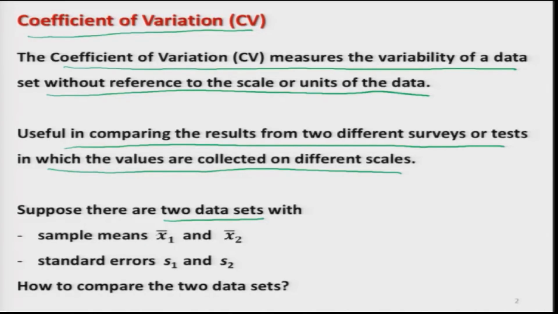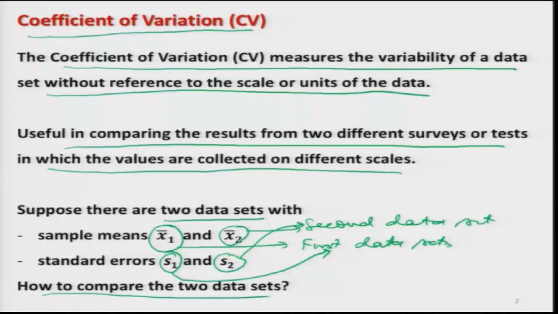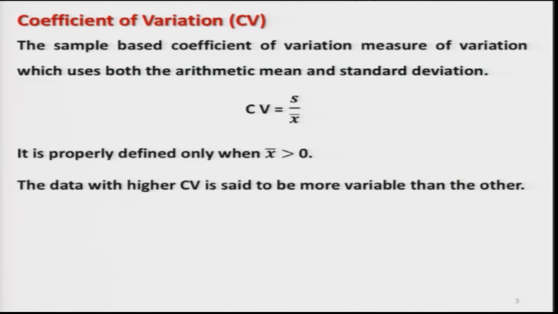So the sample mean of the first data set is x bar 1, and x bar 2 is the arithmetic mean of the second data set. And similarly, I try to find out the standard errors S1 and S2. So, standard error S1 corresponds to the first data set and standard error S2 corresponds to the second data set. Now, there are two aspects, mean and standard errors, or say central tendency and variation. Now, how to compare the two data sets? That is the question that we are going to entertain here.